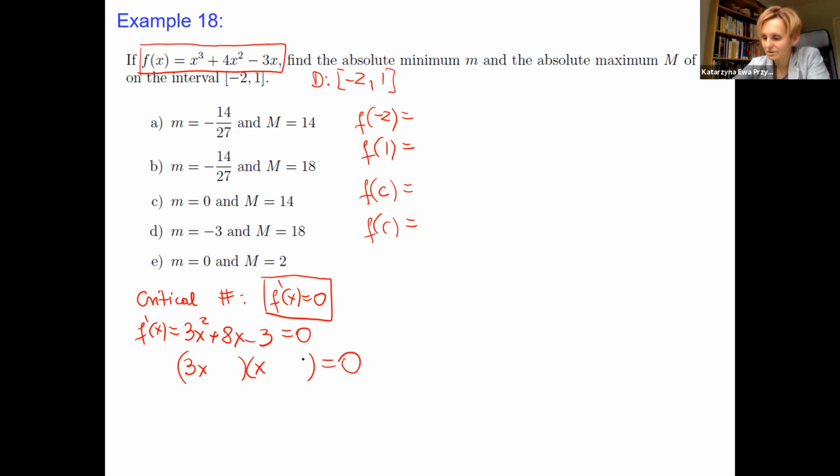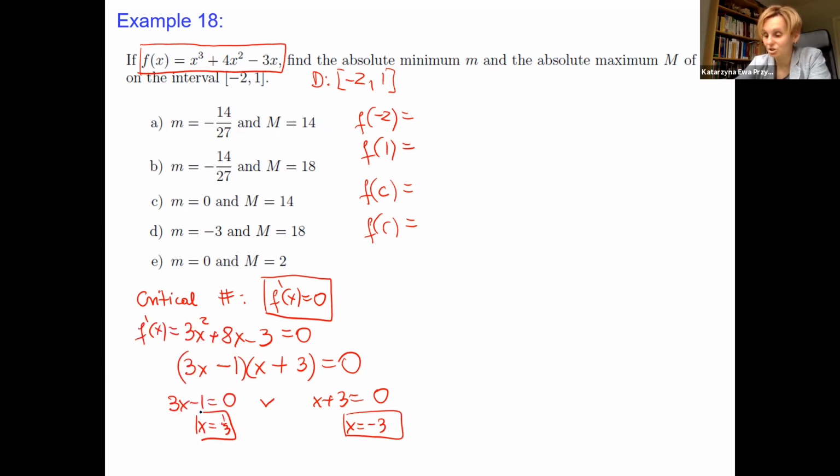The factors of 3 are 3 and 1. 3 times 3 is 9. 9x minus 1x will give us 8x. And I hope I did negative 3. Okay. 3x minus 1 equals 0, or the other factor equals 0. This is 1/3, and this is negative 3.